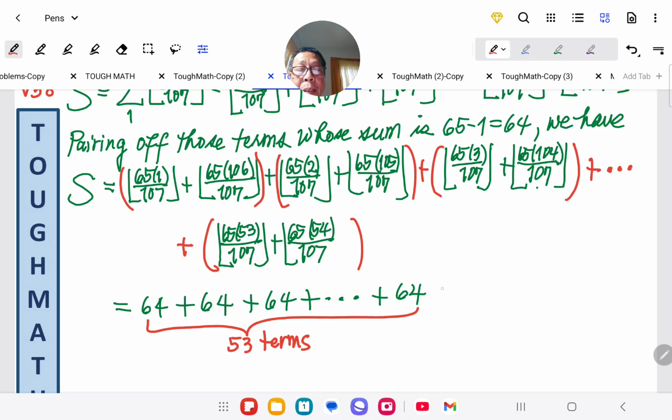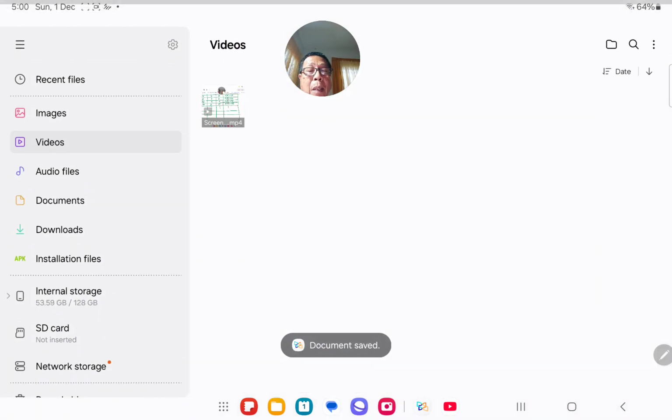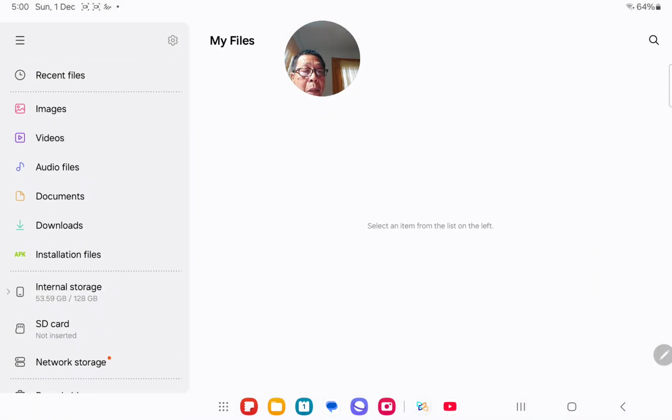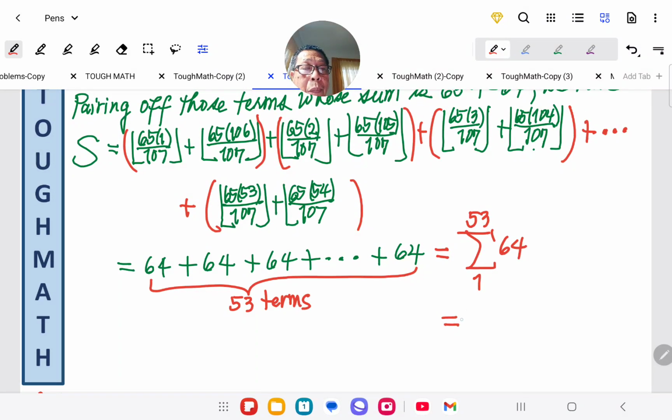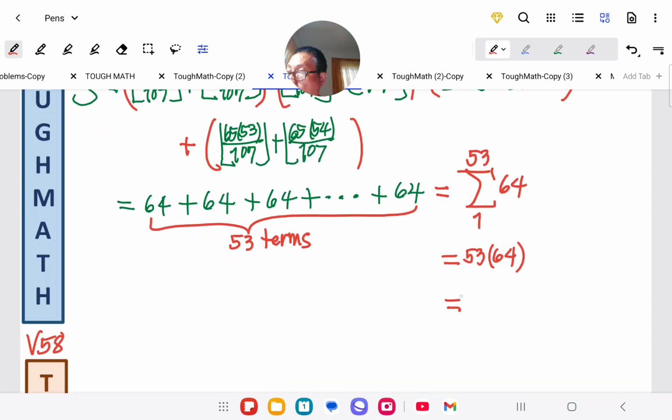Therefore, this is equal to the sum of 64 from 1 to 53, which is simply equal to 53 times 64, which is equal to 3392.